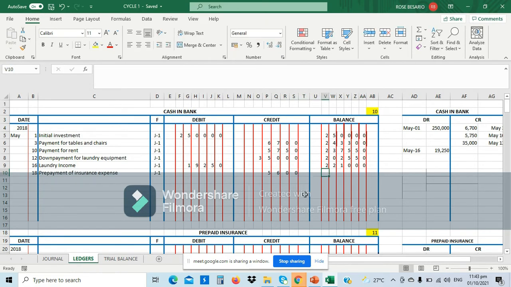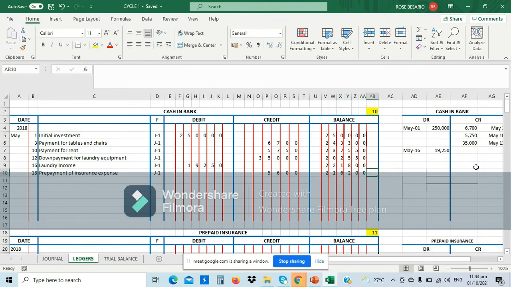5,600. So our new balance is 221,800 minus 5,600 is equal to 216,200.